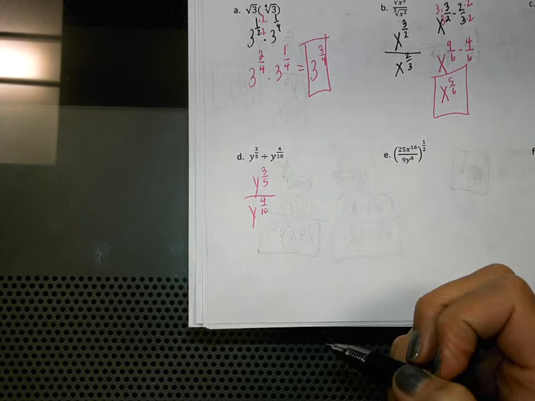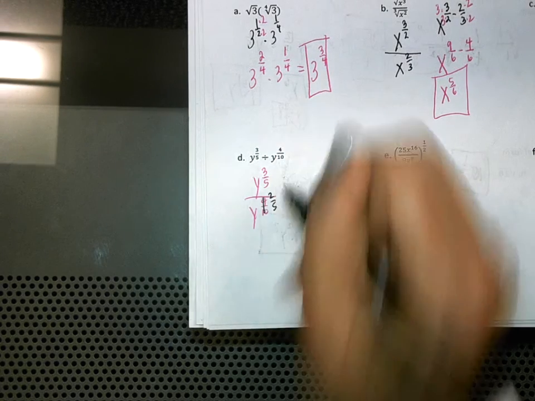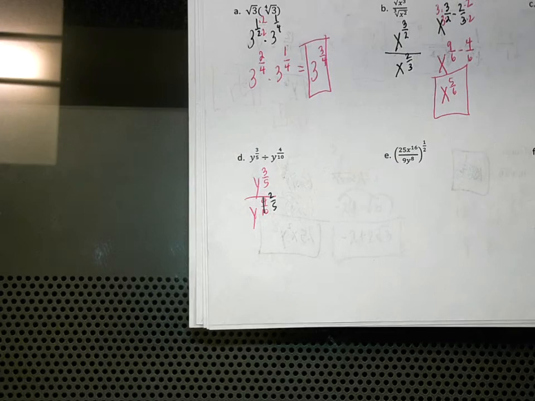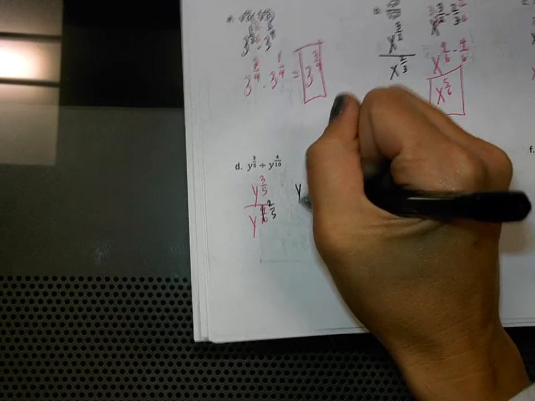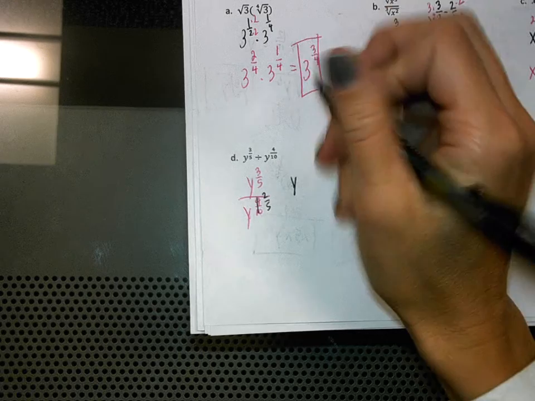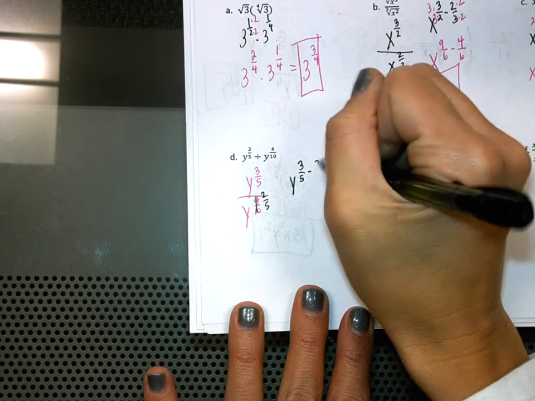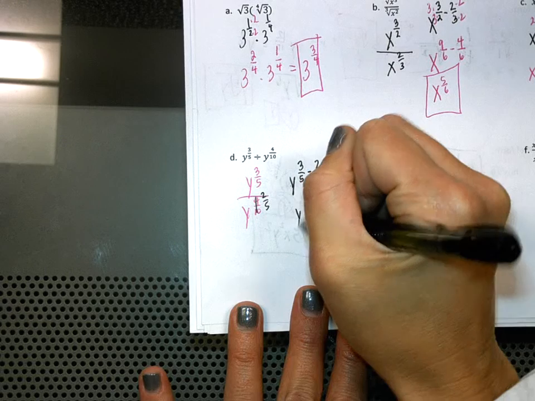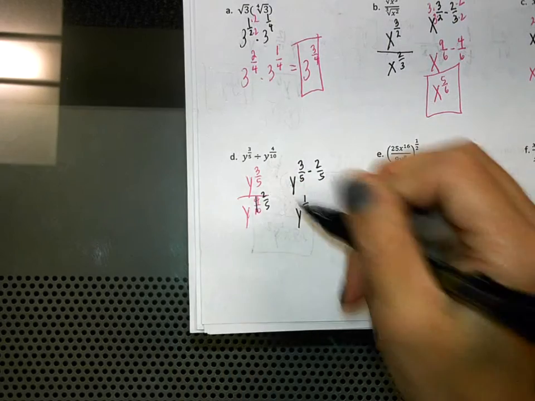Yes. So since I see that this reduces, I'm going to reduce it to 2/5 because when I do that, do I have to get common denominators now? No. So we end up with y to the what? Good, 1/5 is right. So I'm just going to write this out though. 3/5 minus 2/5. And so we get y to the 1/5. And that is my answer.